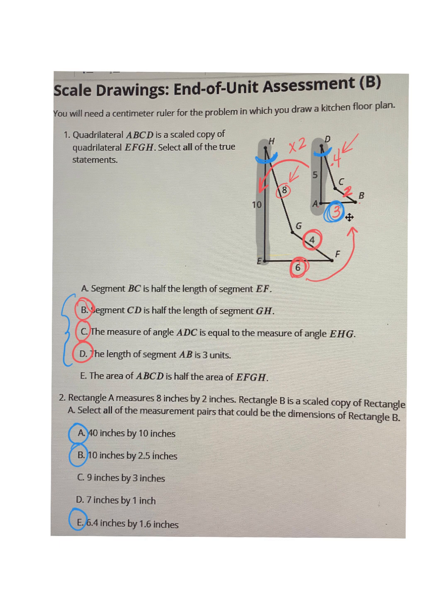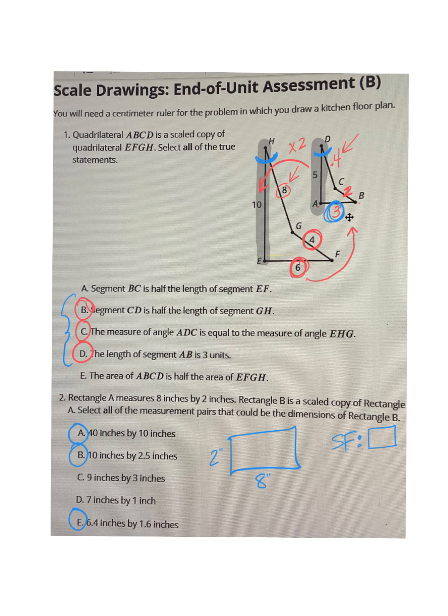It says that a rectangle measures 8 inches by 2 inches. Rectangle B is going to be a scaled copy. Select all measurement pairs that could be the dimensions of rectangle B. What you had to know here is that your scale factor is the number that you're multiplying by to get your next shape.